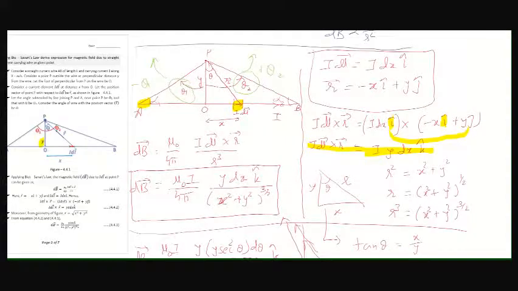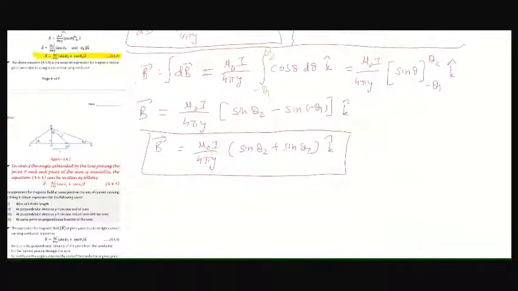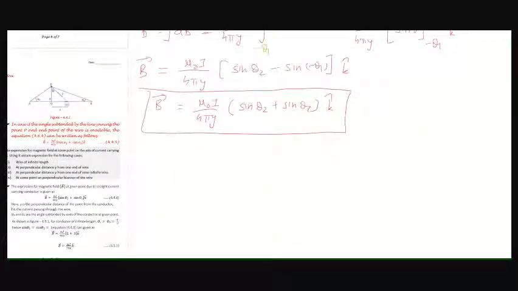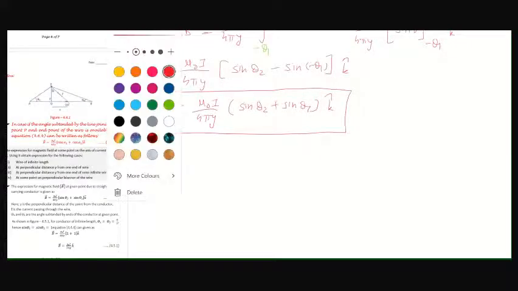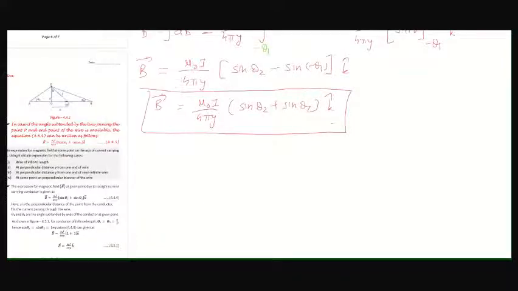So if you don't have theta 1 and theta 2 given, and if alphas are given, then this formula can be written as B equals mu 0 I by 4 pi y, cos alpha 1 plus cos alpha 2, k cap.